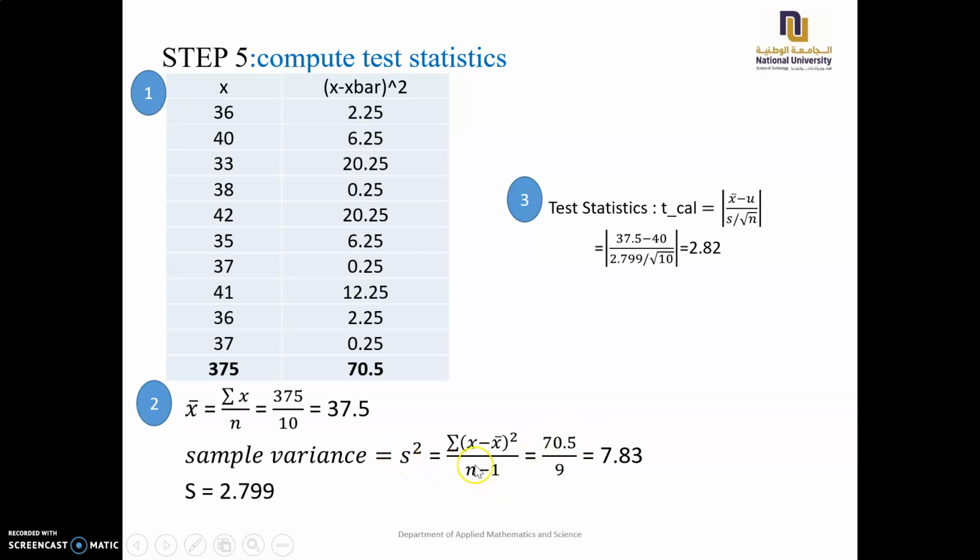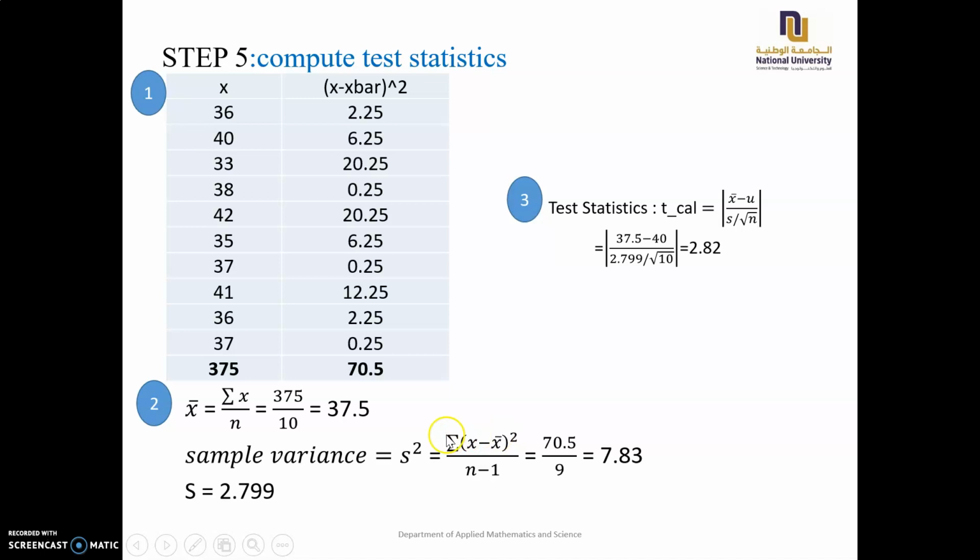So this is the degree of freedom, n minus 1, which is 9 now. Why don't we use n in the sample variance? Because we already lost 1 degree of freedom when we computed the sample mean. So we divide here by 9. For sample variance, we use n minus 1. So we get 7.83.